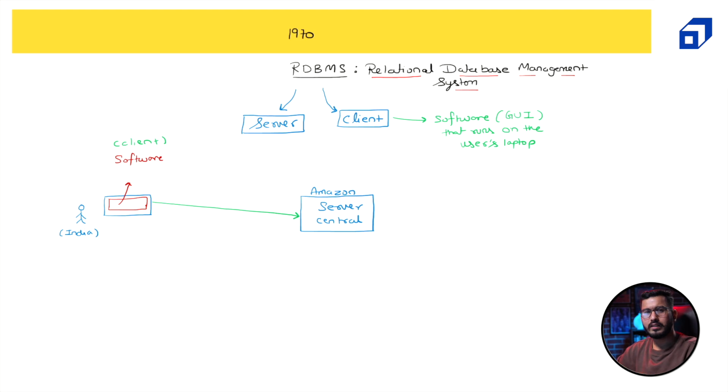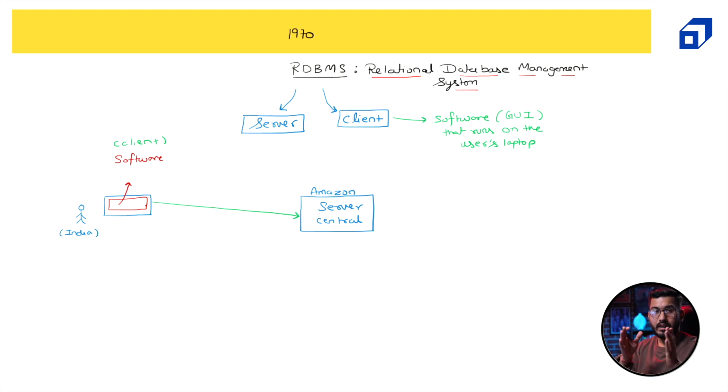But the problem is how we can write this, or how we can talk to the server, how we can communicate our requirement to the server. In order to solve this problem, a language was created, and this language is known as SQL. So please remember one thing, SQL is not a programming language, it is a communication language.